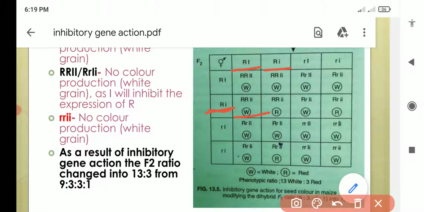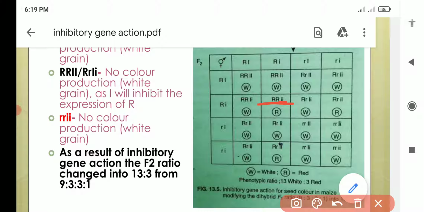When this crosses with this gamete, red color will be produced now, because capital R, small i will be there. Capital R, small i, capital R, small i, so this will be capital R, small i, small i. So this plant will produce red grain color because now capital R is alone.